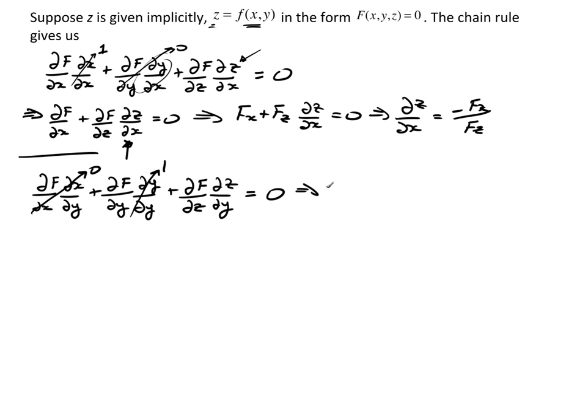So this would then give me, using the other notation, partial of f with respect to y plus a partial of f with respect to z times the partial of z with respect to y. And that then tells us that the partial of z with respect to y is equal to the negative of the partial of f with respect to y over the partial with respect to z.